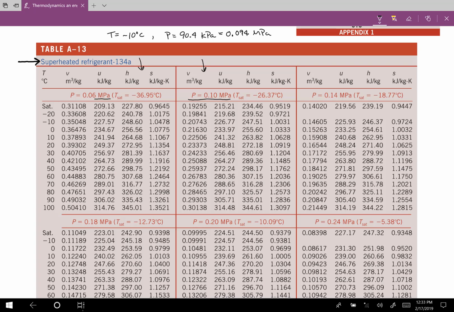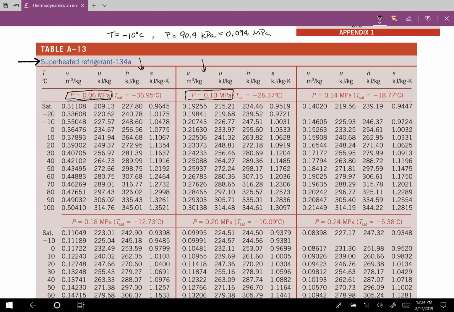We have kind of a problem here because we're given a table with pressure at 0.06 megapascals and pressure at 0.10 megapascals, but our pressure is 0.094 megapascals.